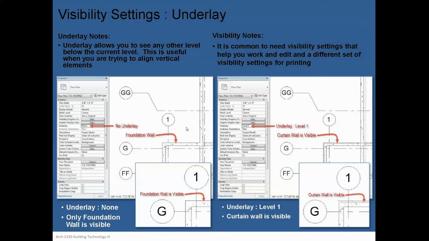You can set underlays. We explained that a couple times already. It allows you to see any other level below the current level. This is useful when you're trying to align vertical elements. Sometimes you need to see other plans or other views simultaneously from the view that you are in.